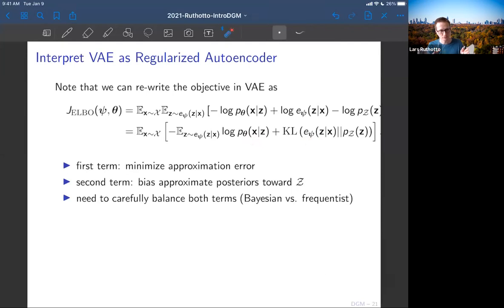So if that makes sense to you, then you can immediately think about this whole problem as a regularization of the normal autoencoder. Because the normal autoencoder would basically only minimize the reconstruction loss. It wouldn't matter where the z's are, or how the latent space would look.